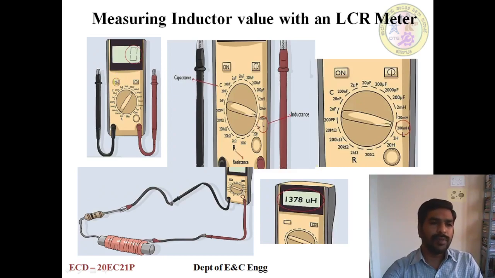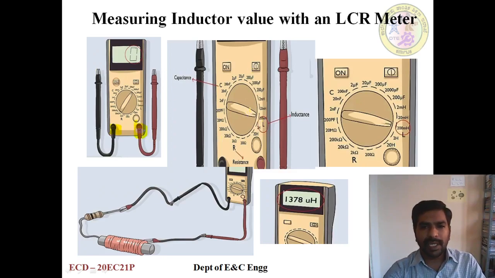First, take an inductor and place it on a table, somewhere on an insulator, and switch on the LCR meter. When we switch on the LCR meter, it should display 0. Otherwise, you have to reset it. Connect the two leads to the respective sections: one is common, the black one, and the red is the positive one.